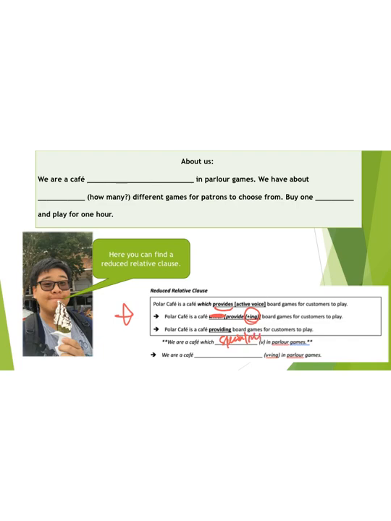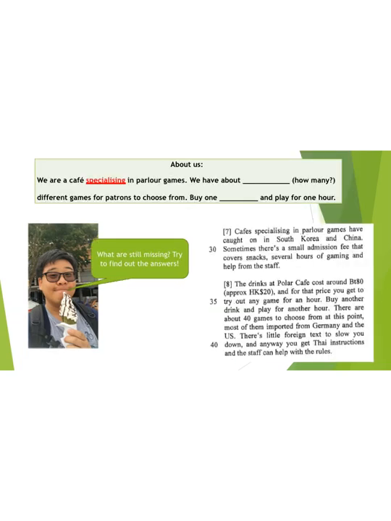This verb is in active voice, so in a reduced relative clause we need verb plus ing, so specializing. But very luckily, you can directly find the answer here. As you can see, cafes specializing in parlor games. So this is quite good for you.